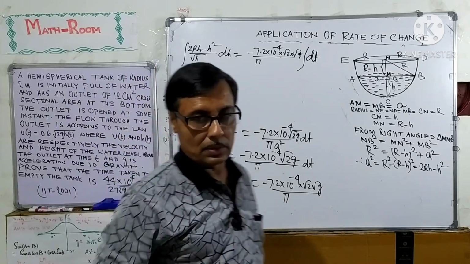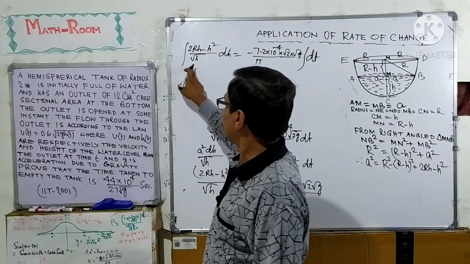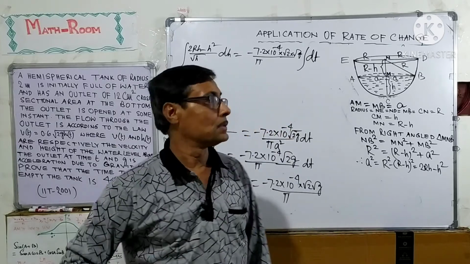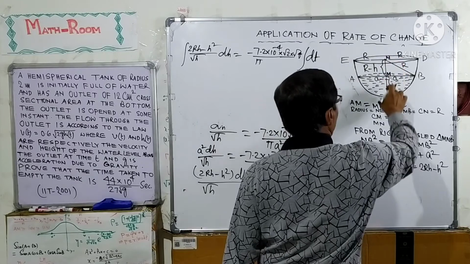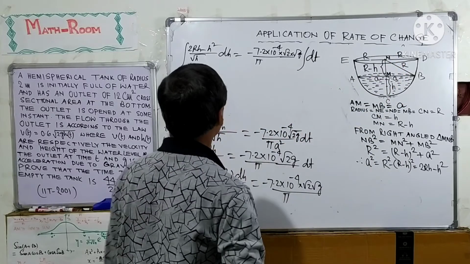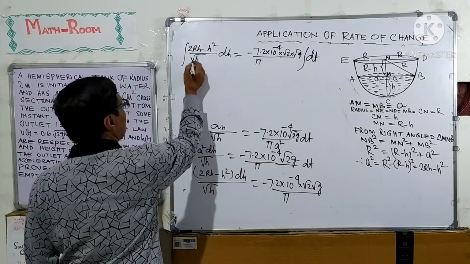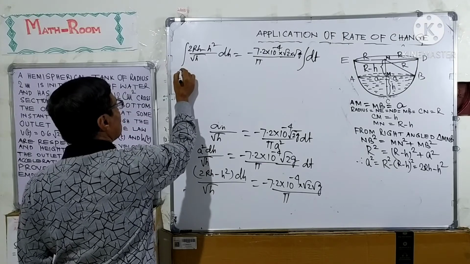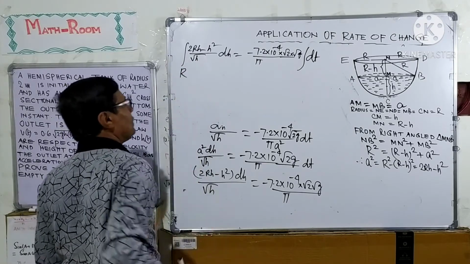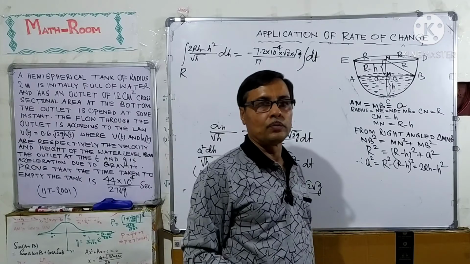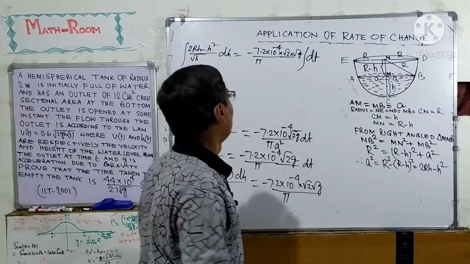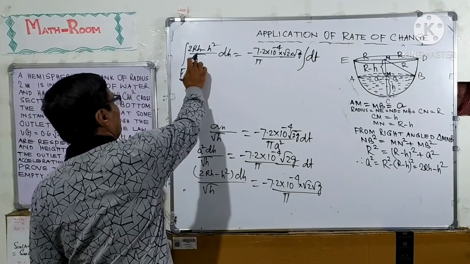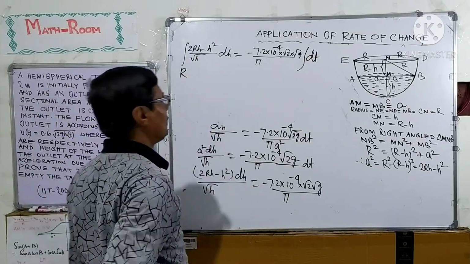Now, we can take limits for h. The lower limit is r, that is when the tank was full of water, the height of the water was R. So the lower limit of h is taken as capital R, and when the tank is fully empty, then the height, the upper limit, that is the value of height equal to 0.